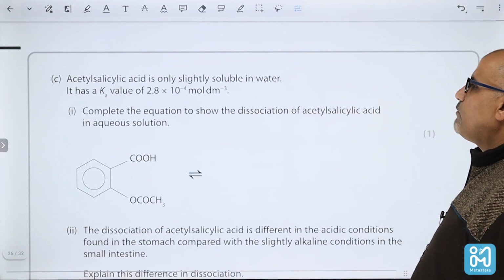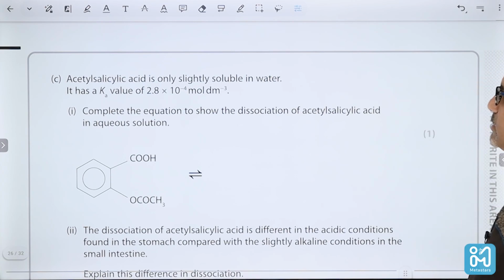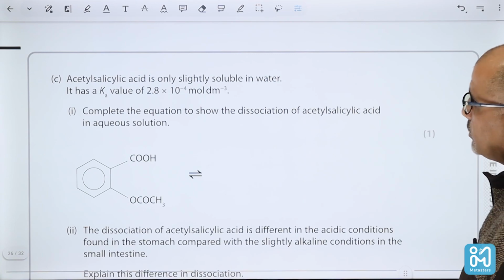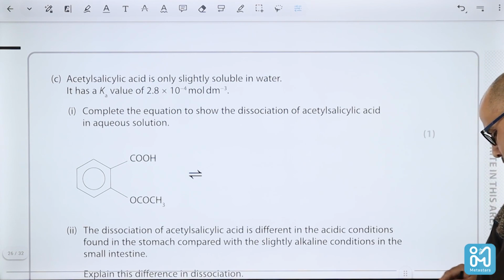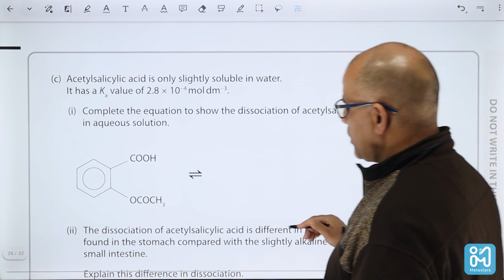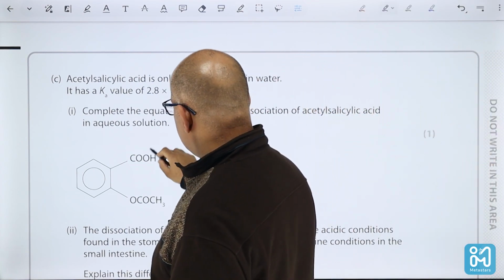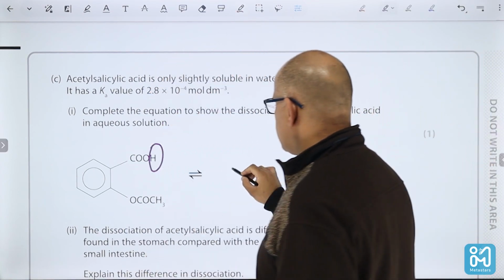Now here it gives you that acetyl salicylic acid is only slightly soluble in water, and it has a Ka value of 2.8 times 10 to the power -4 mol dm^-3. Complete the equation to show the dissociation of acetyl salicylic acid. This will give you the dissociation, and you can see that the acidic hydrogen is this one.